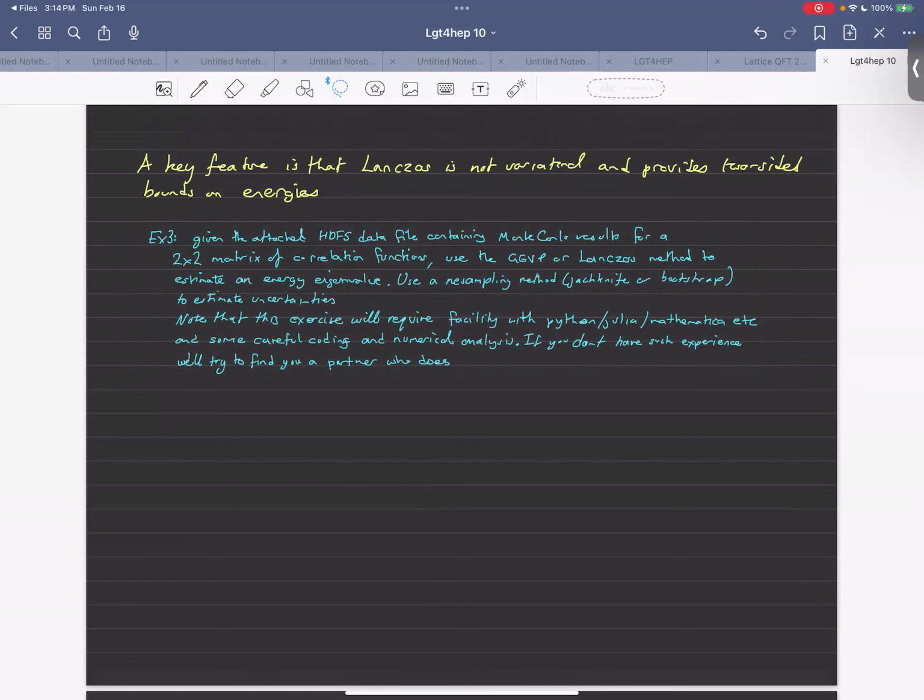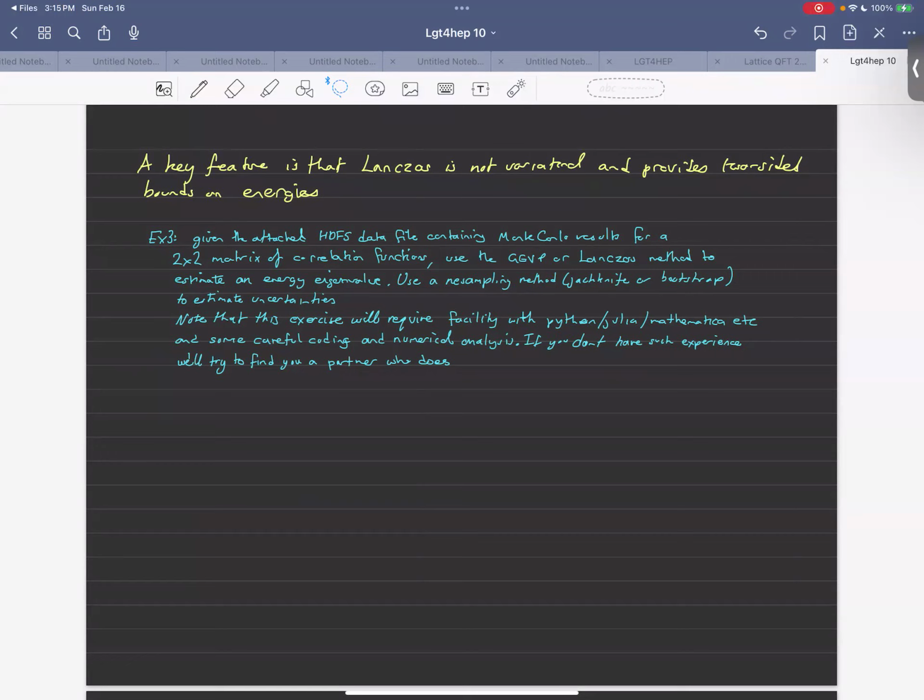Taking the HDF5 data file that I've uploaded, which contains Monte Carlo results for a 2x2 matrix of correlation functions for some particular quantum numbers, which do not matter, I want you to use either GEVP or the Lanczos method to estimate an energy eigenvalue, and use some kind of resampling method like jackknife or bootstrap to estimate the uncertainty.